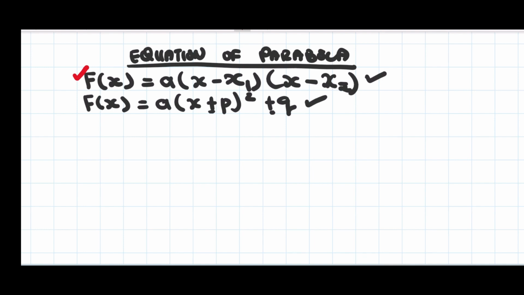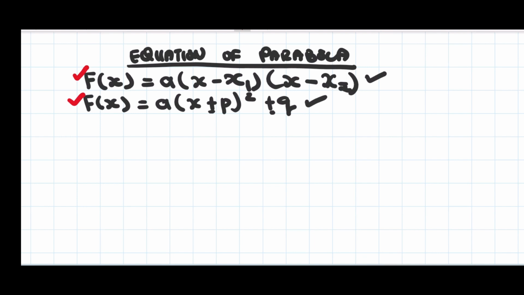You use this when you are given the x-intercepts plus a random point. And you're going to use this when you are given the turning point plus a random point on the parabola.